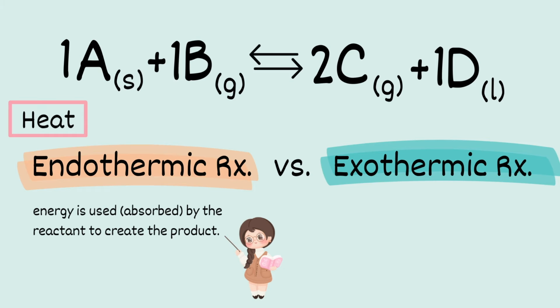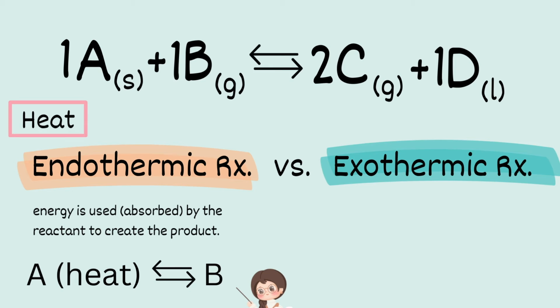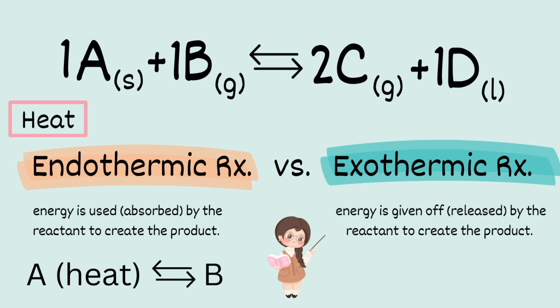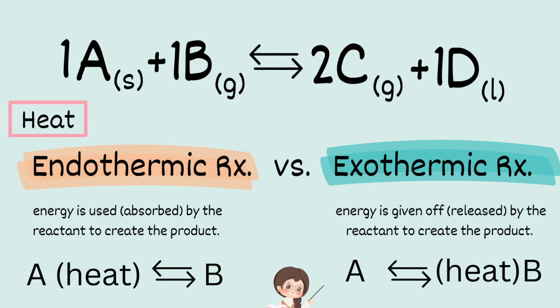Because the reactants are using heat, you sometimes will see the heat written with the reactants or on the reactant side. On the contrary, in exothermic reactions, energy is given off or released by the reactants to create the product. So you may see heat written on the product side because heat is being released on this side.